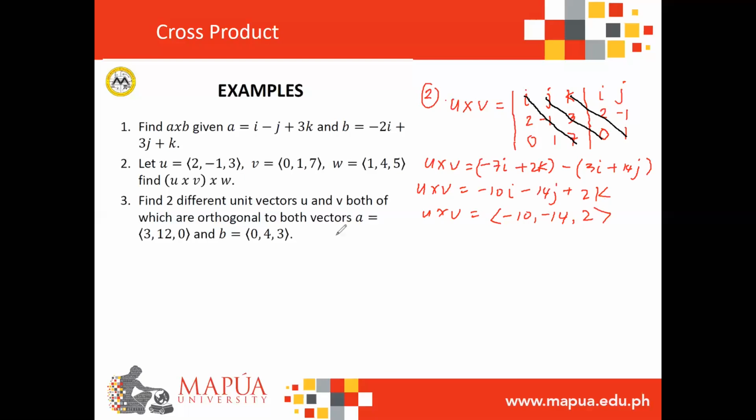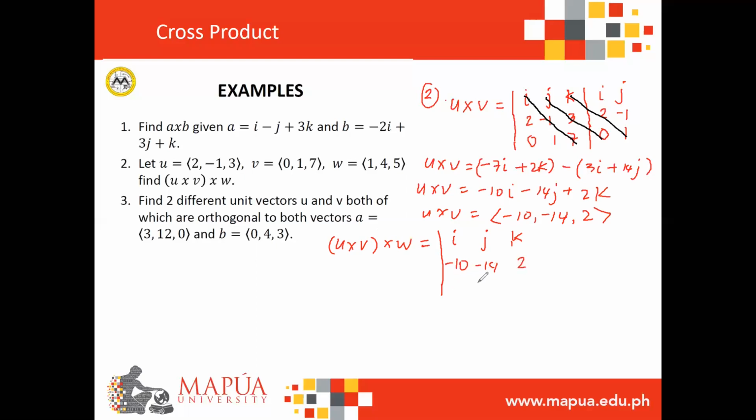Then we now have the cross product result u cross v cross w. So let's have that. The quantity u cross v cross w now equals, forming again the matrix i, j, k. So we have now u cross v is negative 10, negative 14, 2.